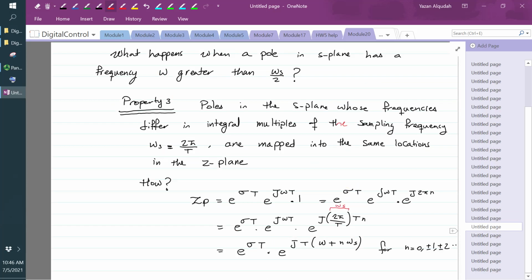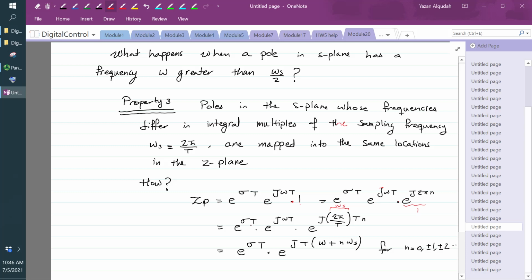And to show that, zp is equal to e to sigma t multiplied by e to j omega t, and therefore I can multiply it by a 1. This is equal to e to sigma t multiplied by e to j omega t, and the 1 is nothing other than e to j 2 pi multiplied by n. This is 1.